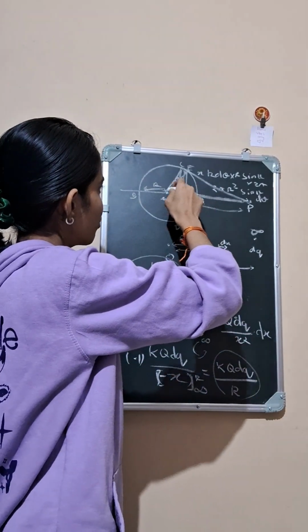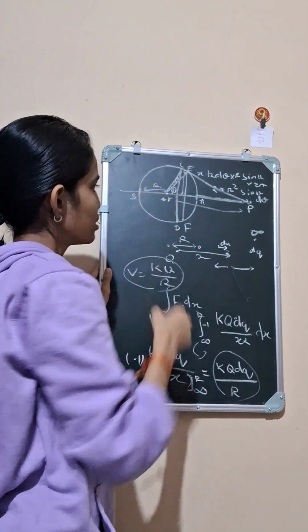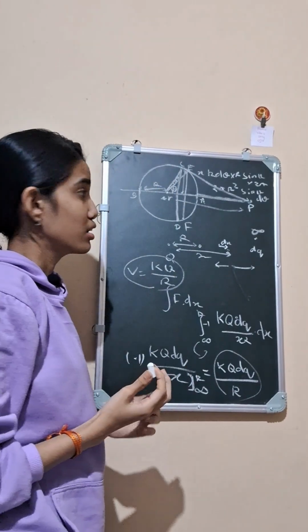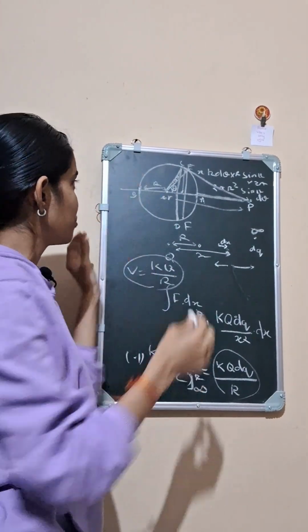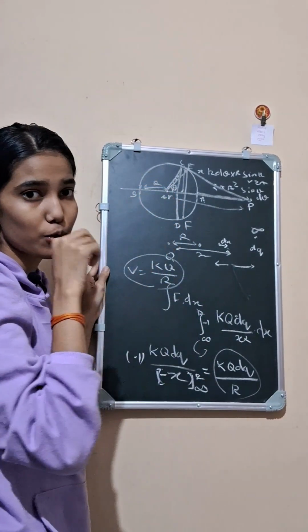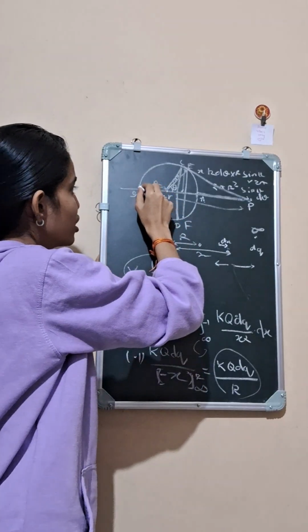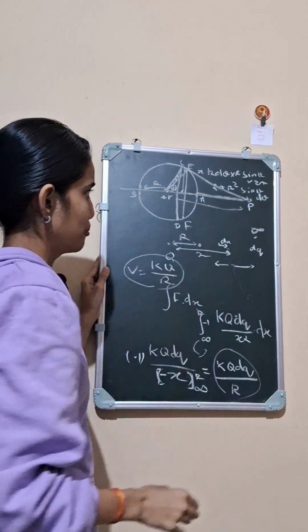And for the last ring, at the last end of the sphere, again a very small ring, it will be equal to capital R plus small r.